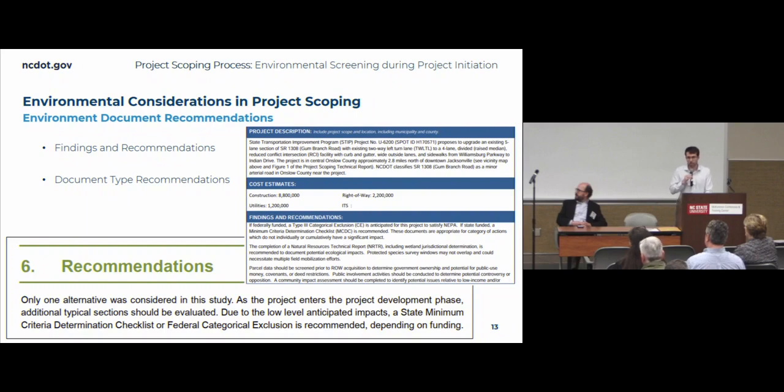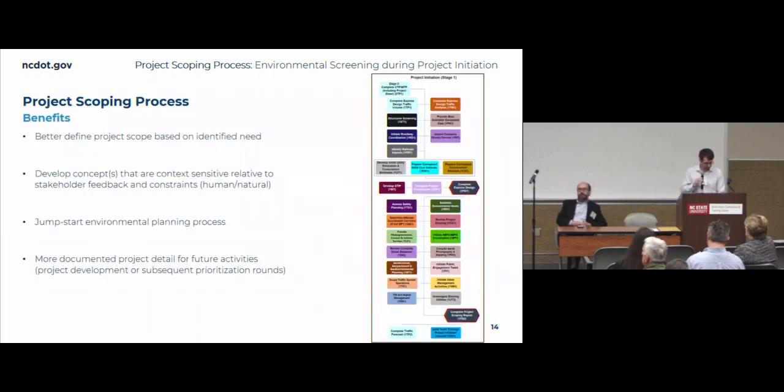So we really want to go out of our way to truly draw people's attention to what the recommendations are based on environmental considerations coming out of this process, so we can set the stage for an effective handing off of the baton from this early planning that we're doing onwards to project development.